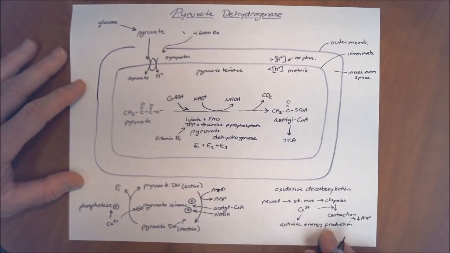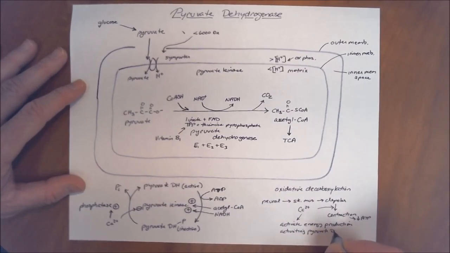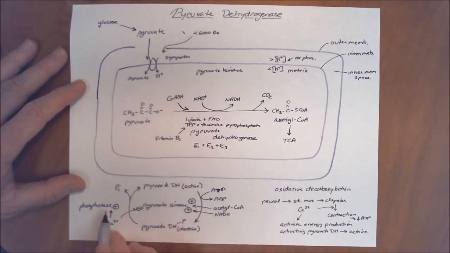So the activation of energy production is mediated through activating pyruvate dehydrogenase by converting it to its dephosphorylated active form, with the phosphatase activity being activated and pyruvate kinase being inhibited.